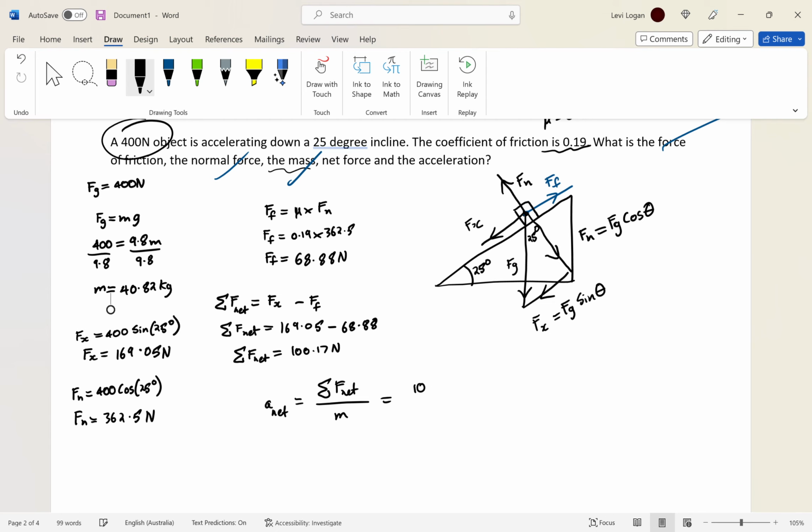So it's going to be 100.17 divided by 40.82. Putting that into our calculator, 100.17 divided by 40.82, you should get an acceleration of 2.45 meters per second squared. Boom. And we have found everything this question is asking of us.